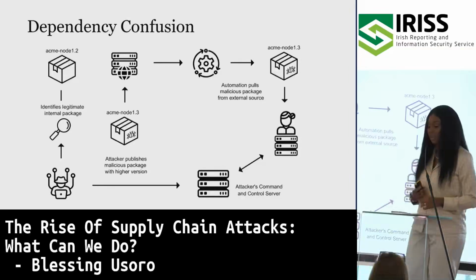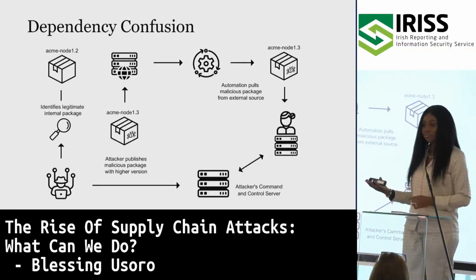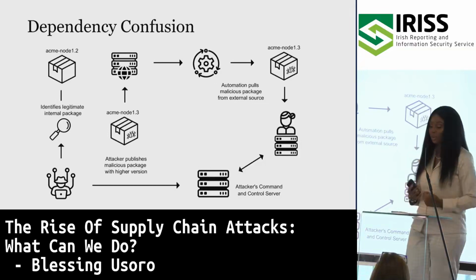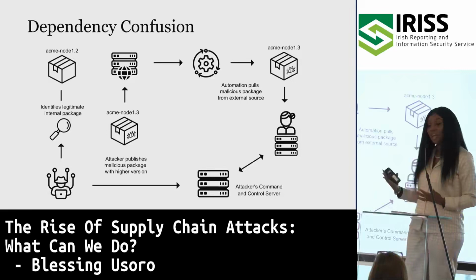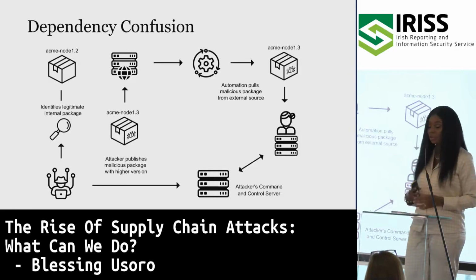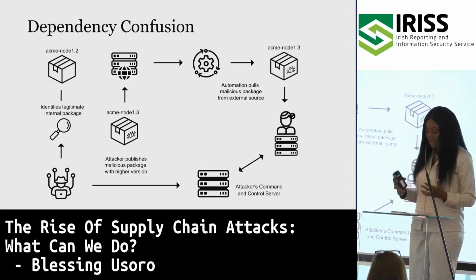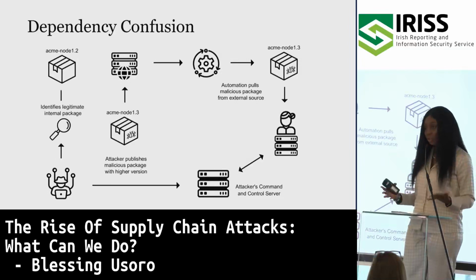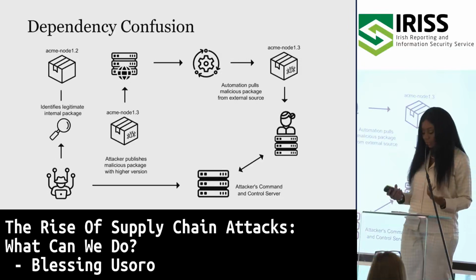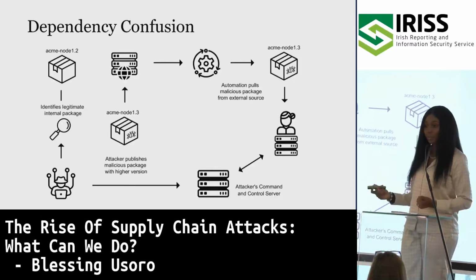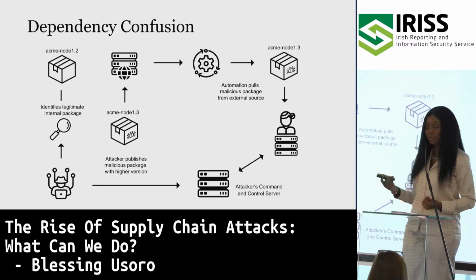They might or might not know that you get code from online. So they then publish a much higher version, that you might need at some point for your products, to the internet. And then when automated software tools within your organization try to update their dependencies, they might or might not go through external or internal, public or private repositories or libraries.